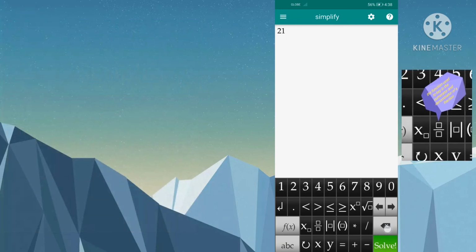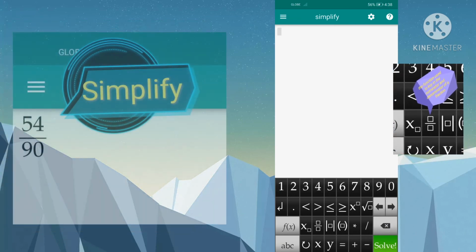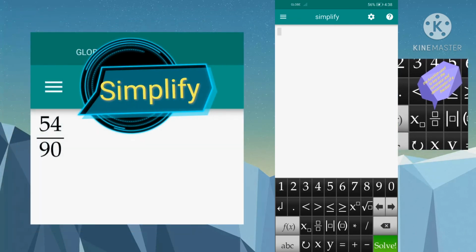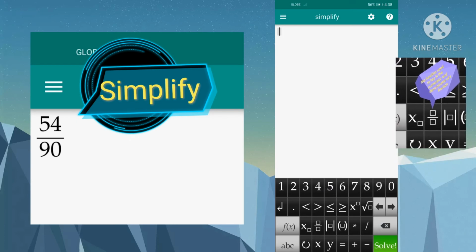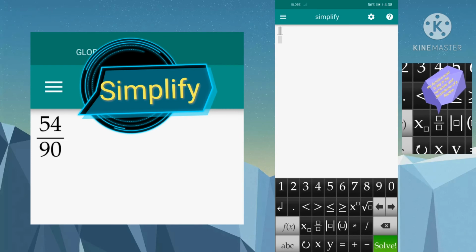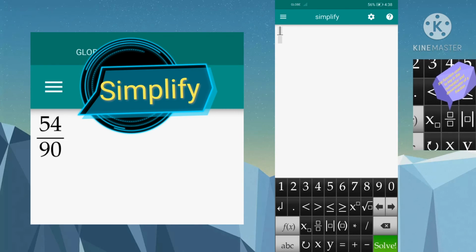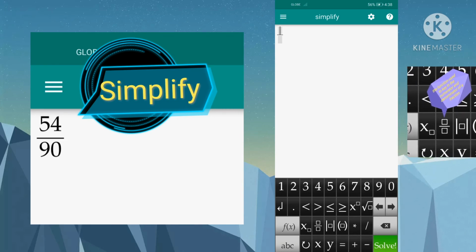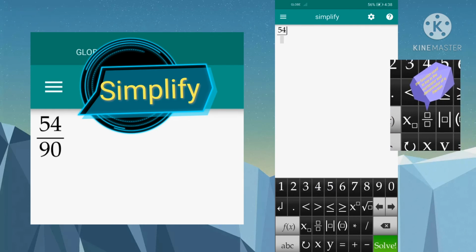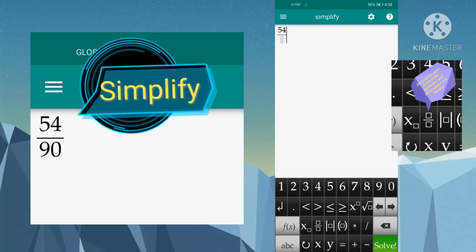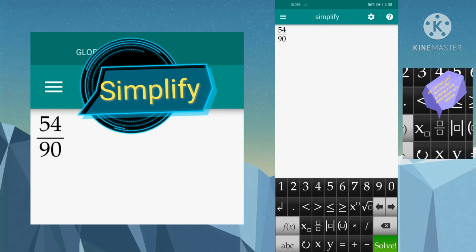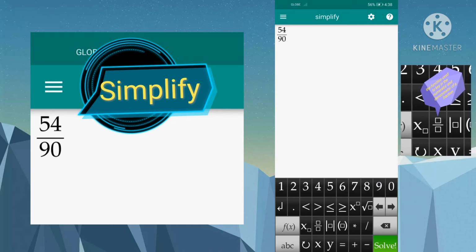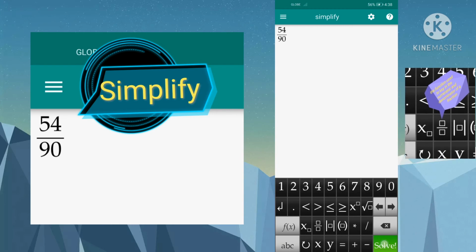Okay, let us see another. So, say you're given 54 over 90. So, pindutin muna natin yung fraction function natin. So, we have to key in 54 for the numerator and key in 90 for denominator. Then, select solve.